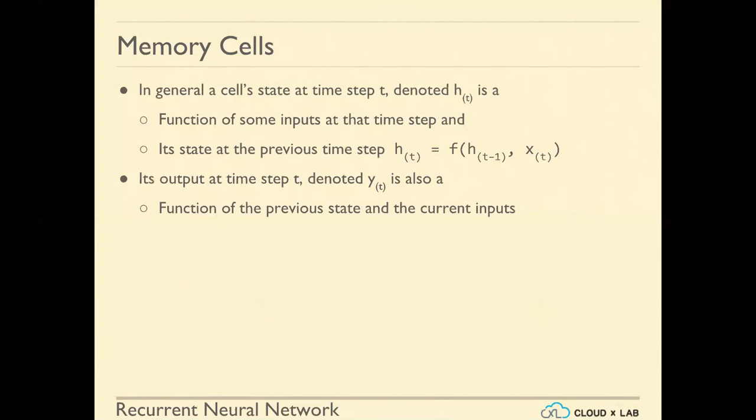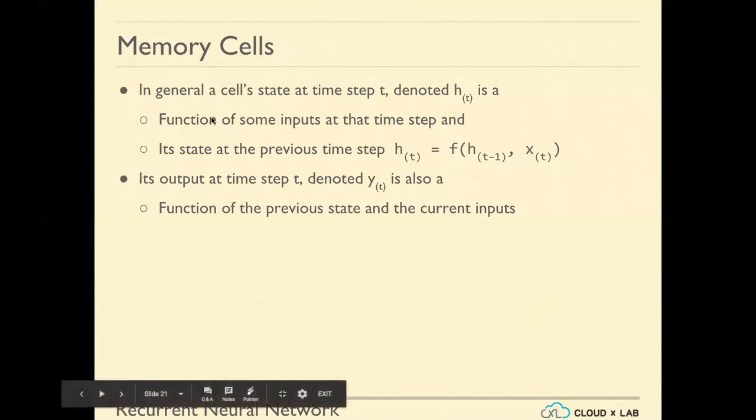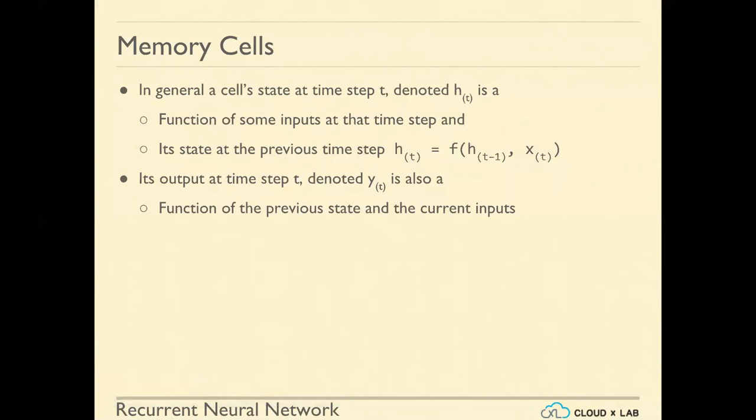So in general, a cell's state at any time t is denoted by ht, and it is a function of some inputs at that time step plus its state from the previous step.